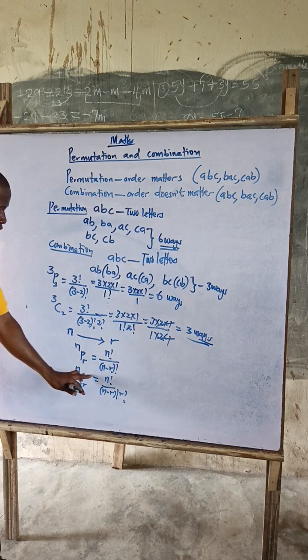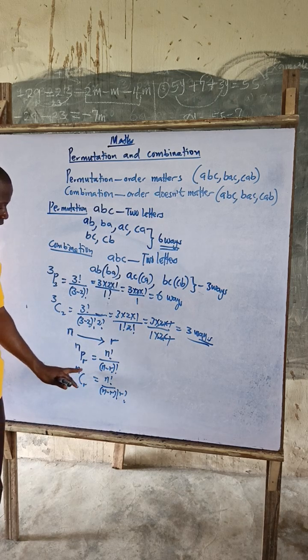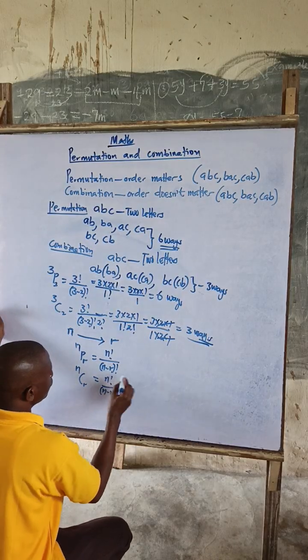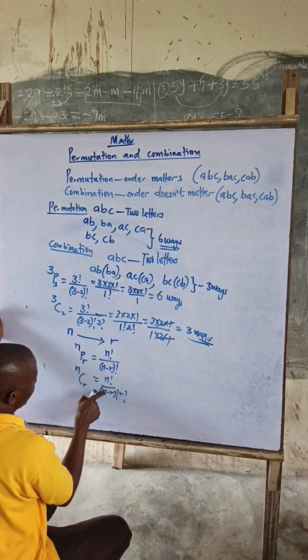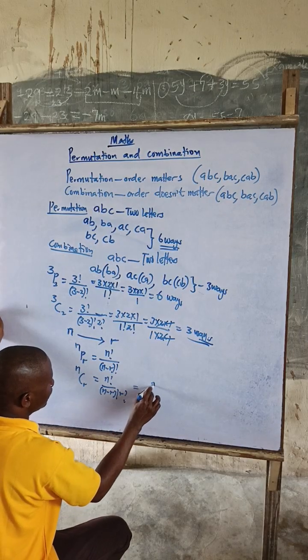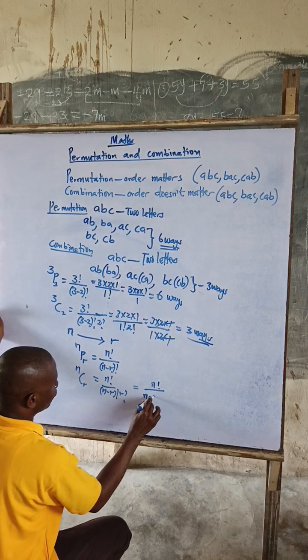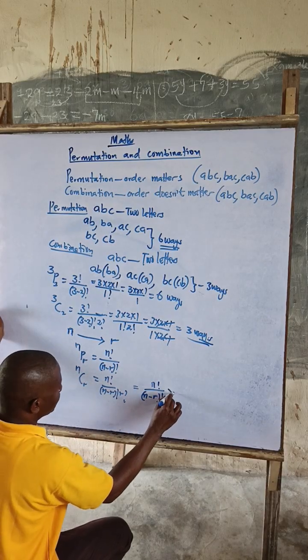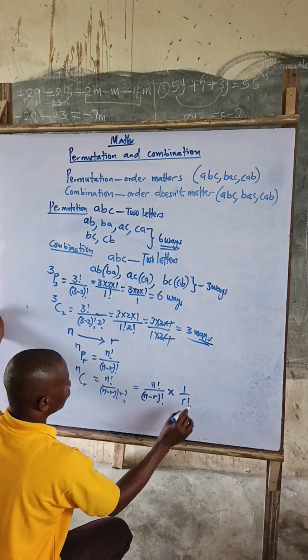Now let's relate the two together, n permutation r and n combination r. In combination we can have permutation there. We have n factorial divided by n minus r factorial, which is the formula for permutation, times 1 over r factorial.